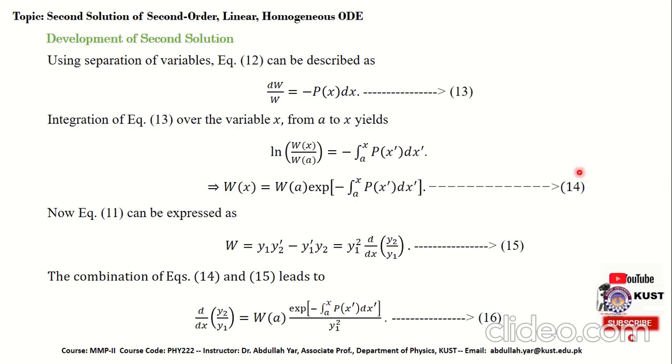Now equation number 14 and 15 can be combined, leading to d divided by dx y2 divided by y1 equal to w of a exponential minus integral from a to x p of x prime dx prime whole divided by y1 square.